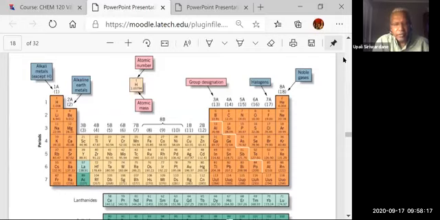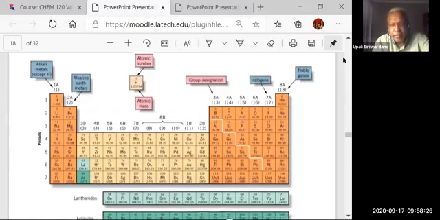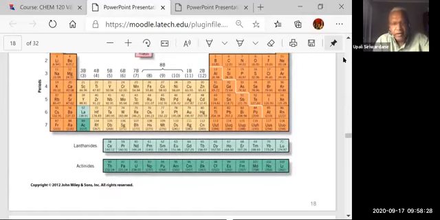The representative elements are all the A's except 8A. Groups 3B, that is group 3 to group 12, are transition elements. Left out at the bottom are the lanthanide and actinide series, because to keep the chemical reactivity in the periodic table the same for a group, if you stick them there, they will destroy that.